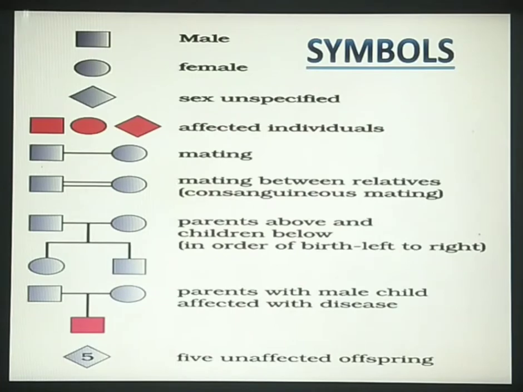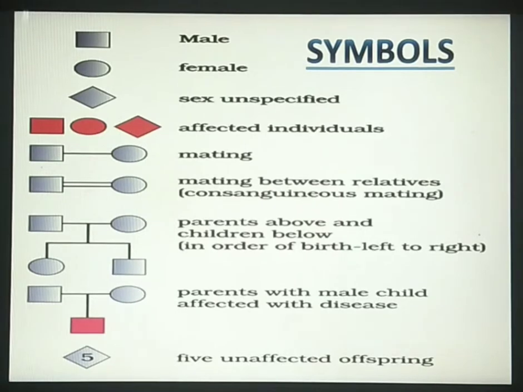So we will see some important symbols that are usually used to prepare a pedigree chart. Square denotes the male, circle denotes the female.